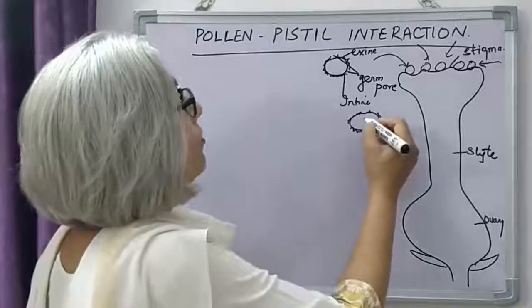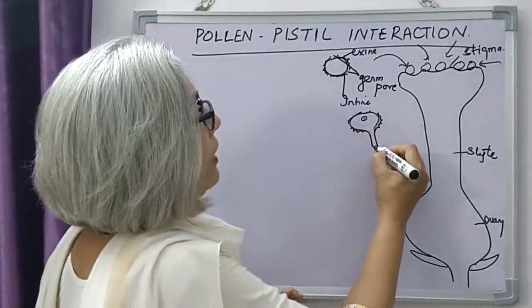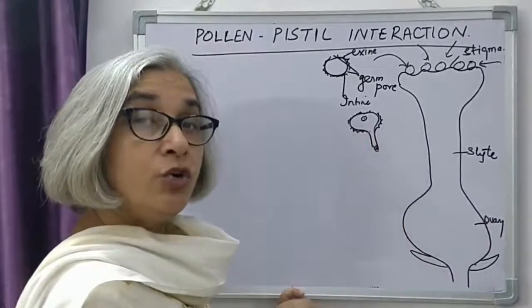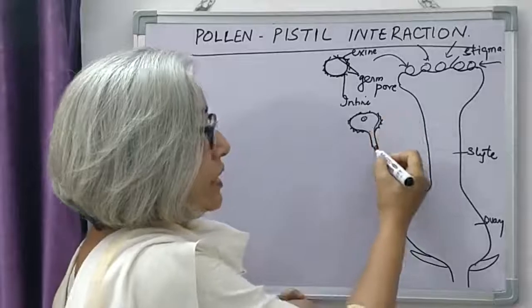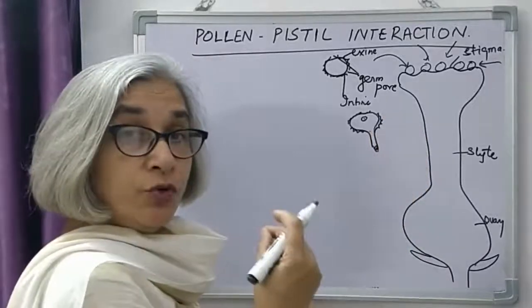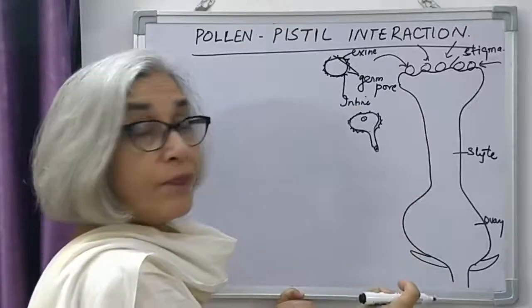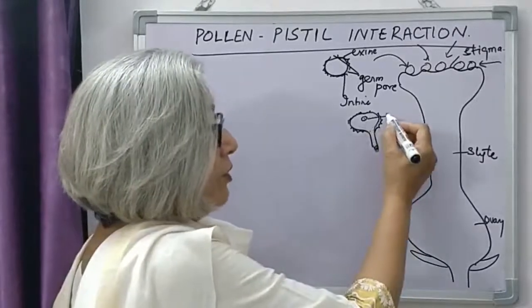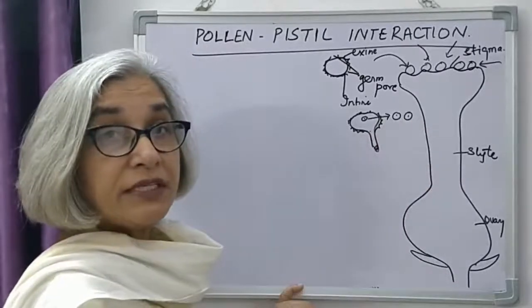The pollen grain has two nuclei, the generative nucleus and the tube nucleus. The tube nucleus helps the pollen tube to move further, and the generative nucleus then divides to form two male cells or two male gametes.